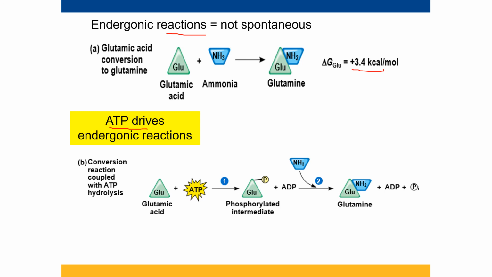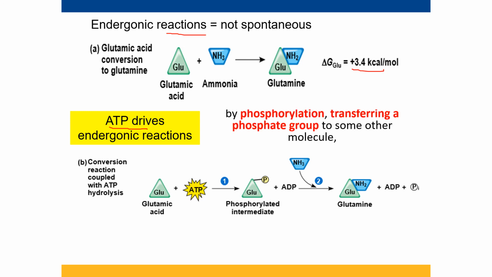So the exergonic reaction drives the endergonic reaction. And now when you add these two reactions, coupled by the hydrolysis of ATP, you can have a negative delta G, as we showed last time, and now the reaction can take place and be spontaneous.